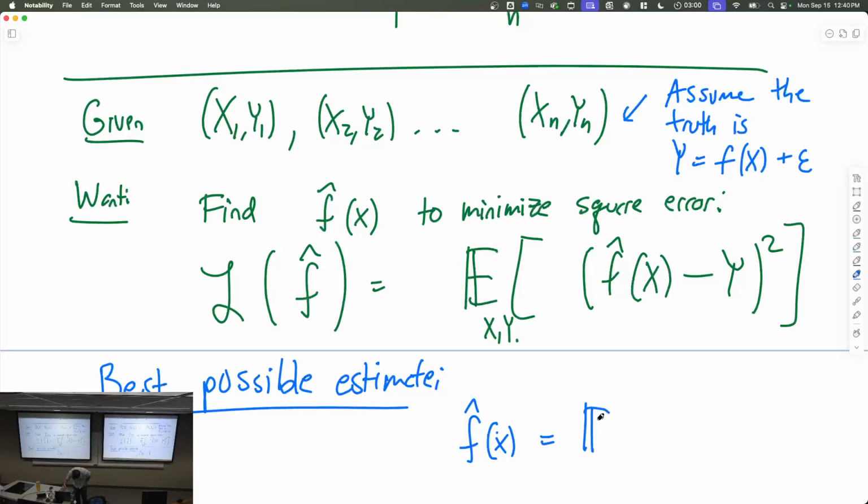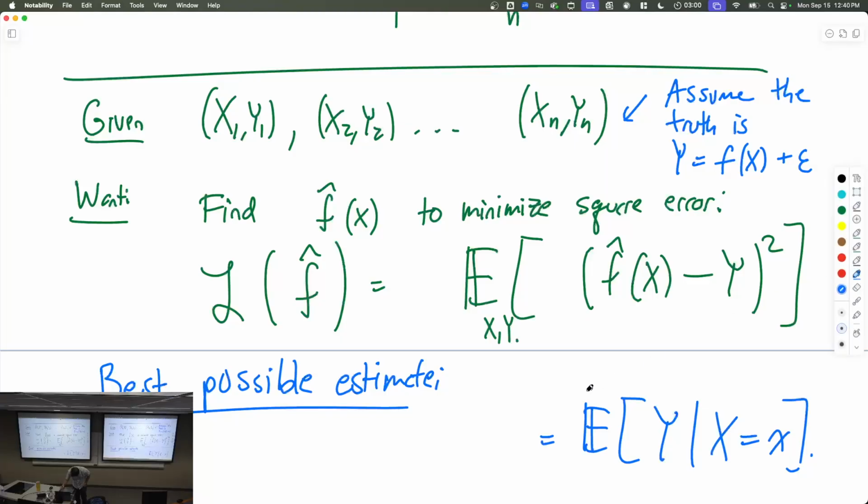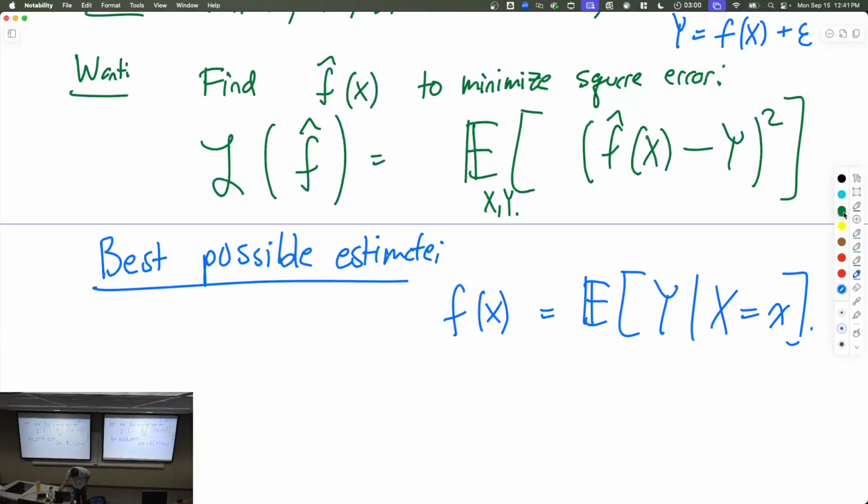You can also write it like this: it's the expected value of y given x equals x. Let me relabel things a bit. The true value of f is this thing, f of x, and the best possible estimate, f hat, equals f.